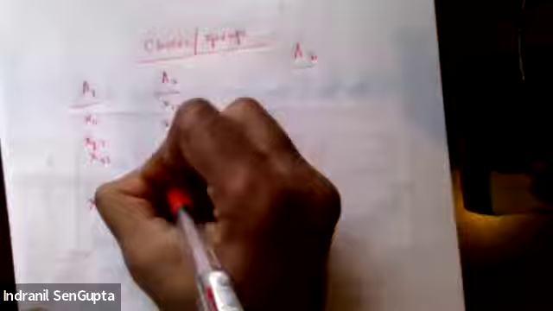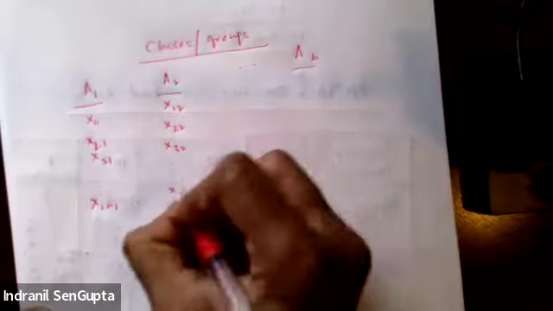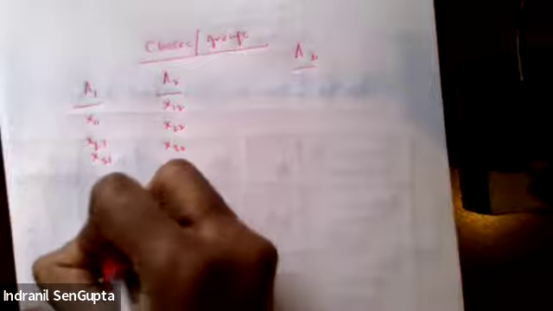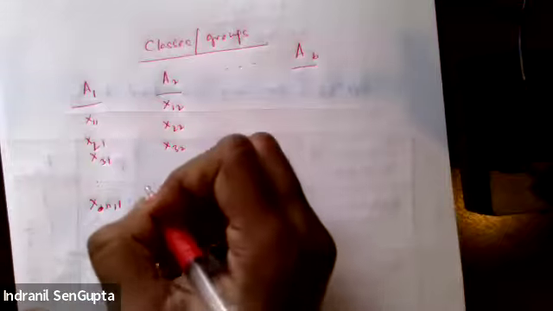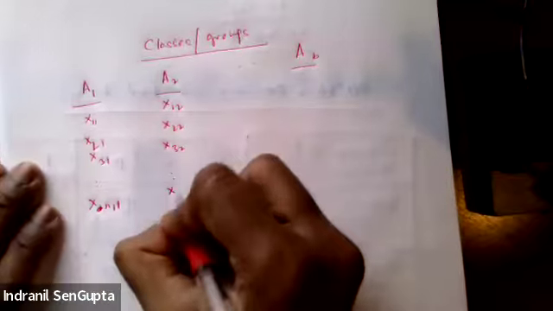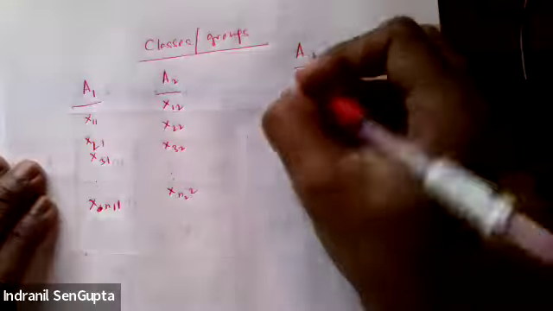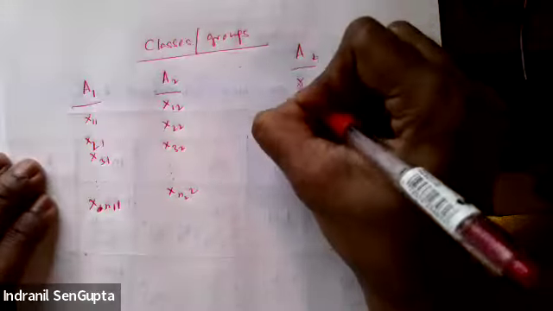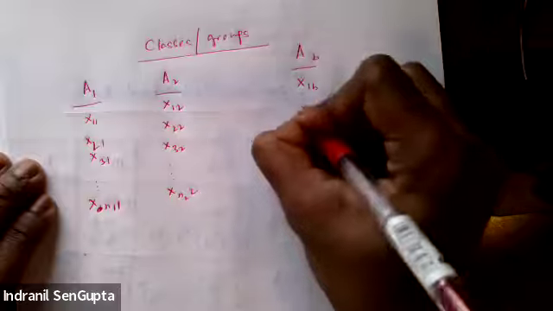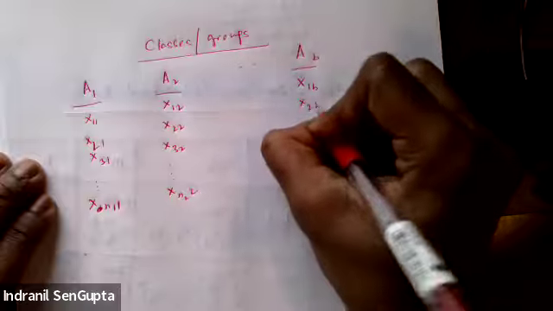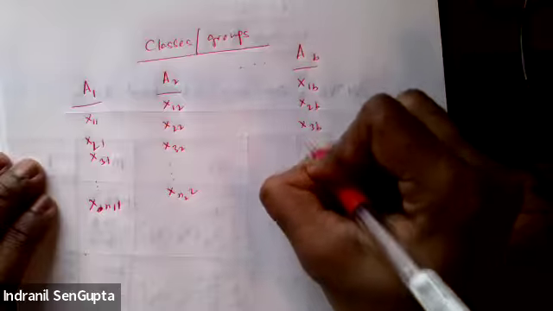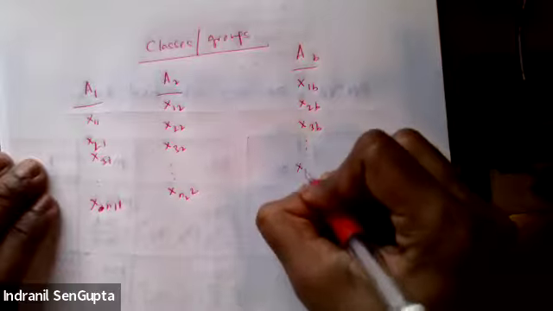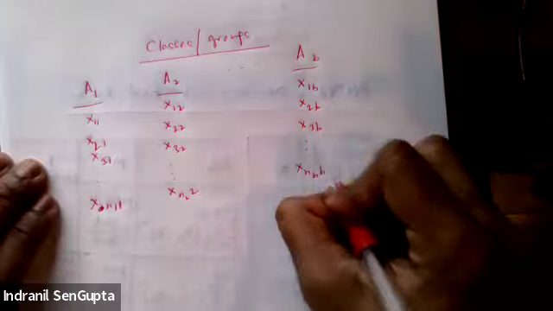Here is X12, X22, X32, it's XN11, right? So here is XN2,2, and similarly here it's X1B, X2B, X3B, all the way up to XNB,B.